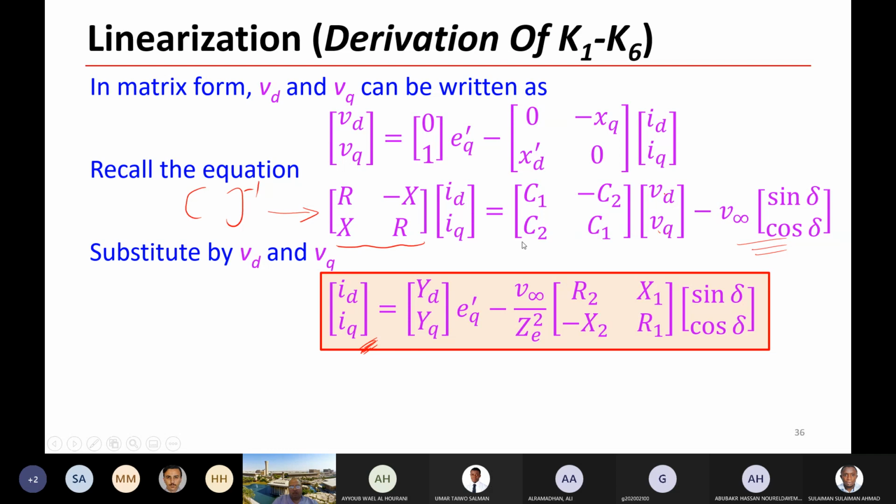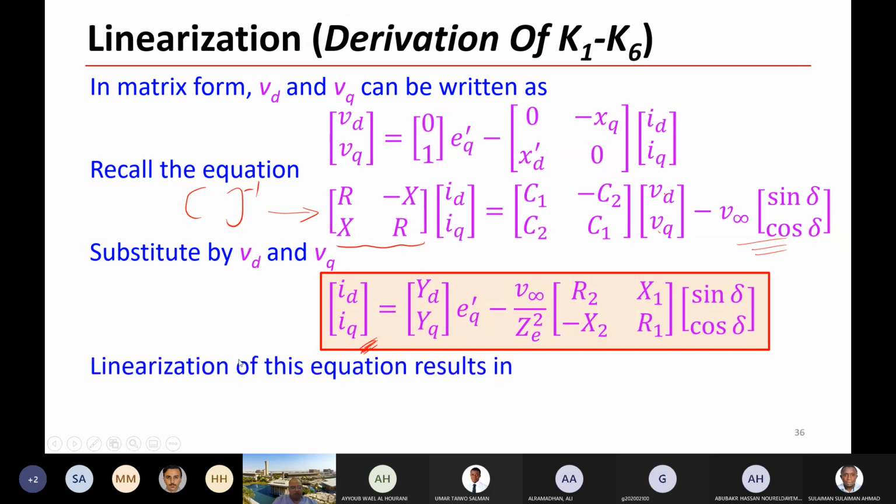Of course, these constants come from the inverse of this matrix multiplied by this. And you have also R1, X1, R2, X2, which are other constants. They are not the same as here.